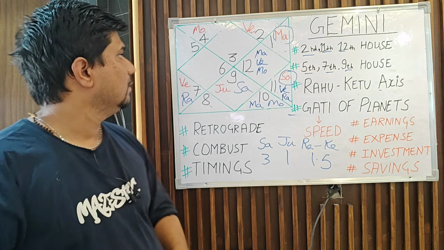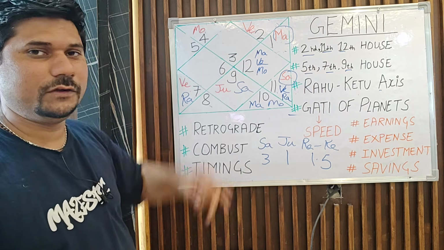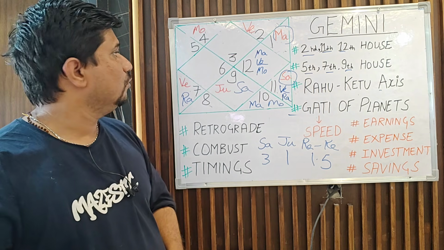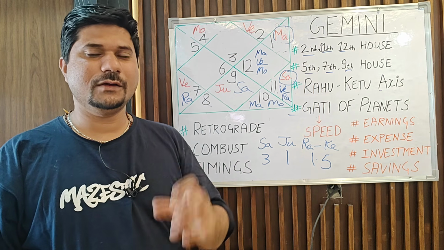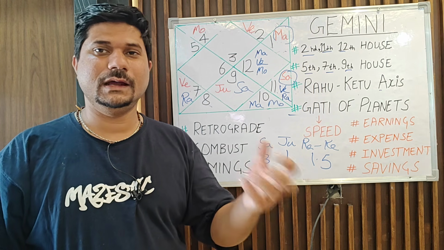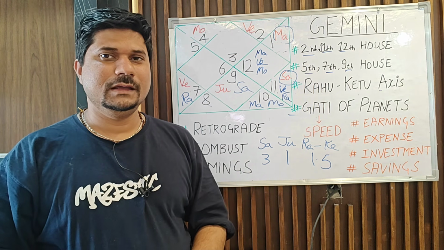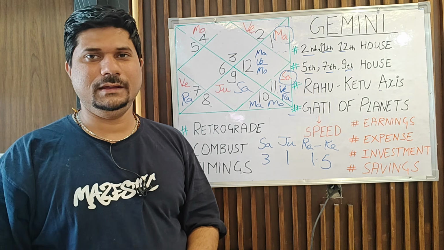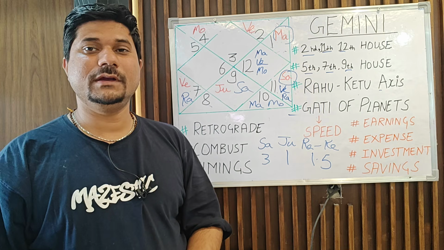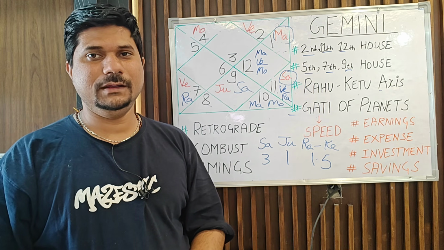Your savings Lord is Moon, Chandar. Now Moon is the representation of your mind and your emotions also. So emotions are going to have a direct impact on the earning potential. If you are emotionally positive, specifically Gemini people, you tend to gain a lot of money. But if you are emotionally negative, then you tend to lose a great amount of money.